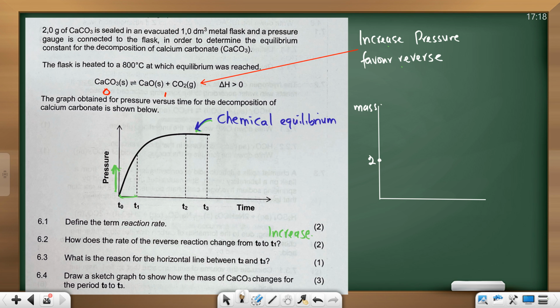So what happens is, first, calcium carbonate is allowed to decompose. What's happening to the mass? It was decreasing. That's not a graph. This is normal decomposition. But now, what did we do? We increase pressure. Just follow the whole system.